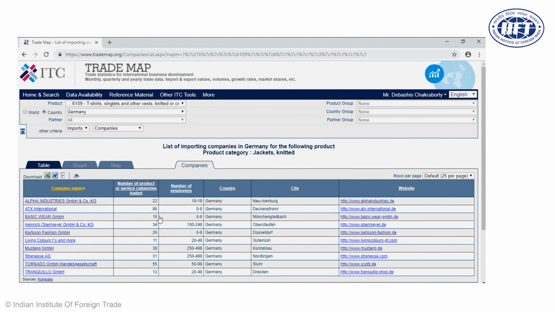We can click on any one of the categories given, and from there we can get the details and contact information of the firms which are in Germany and involved in import of garments. From there, you can try to pick up by getting in touch with them, getting their email or phone number from the website, on how to conduct business with them.